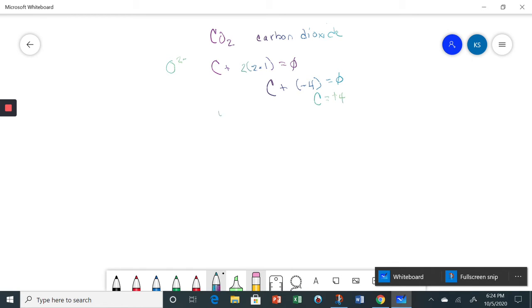So we can also name this by this thing called oxidation number. This is carbon 4 oxide. Now when you use a Roman numeral, then you have no prefixes. And this is called the stock system.